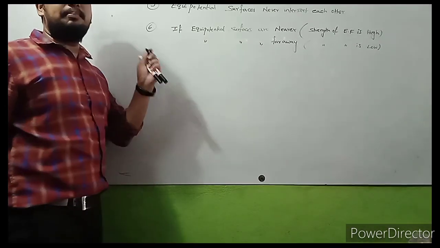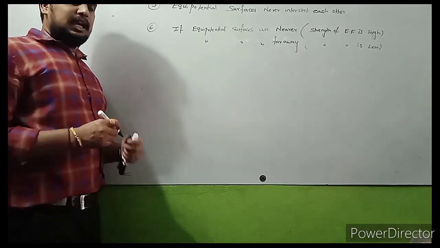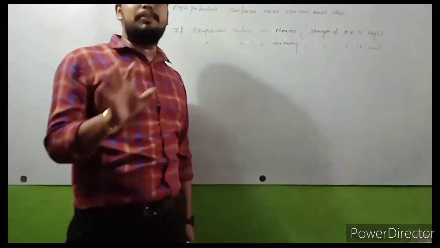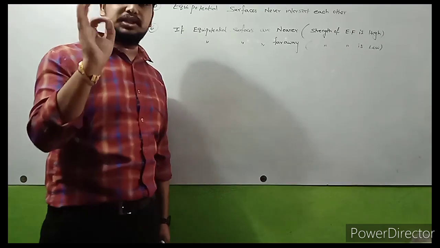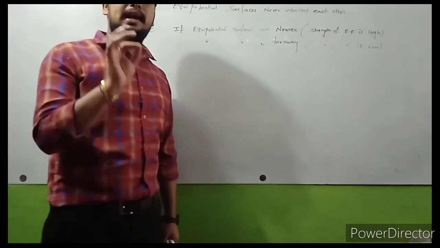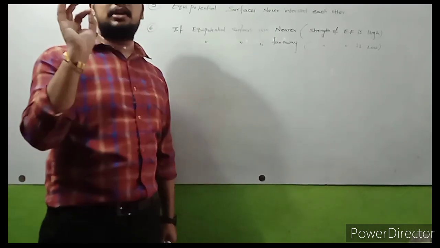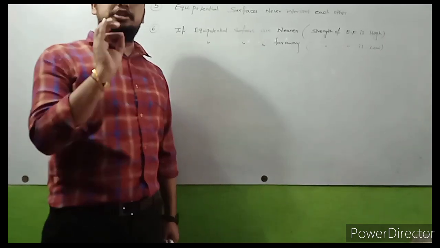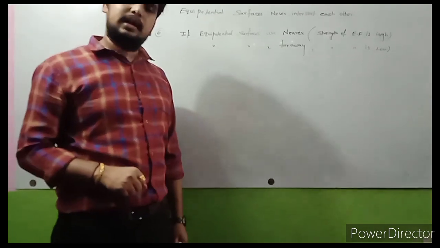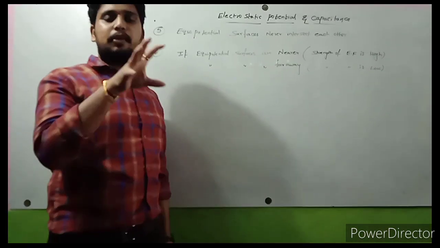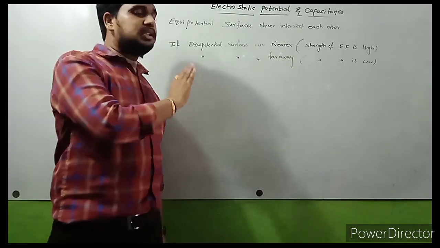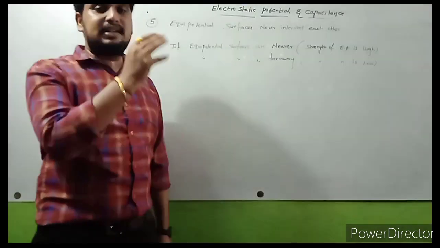So these are the main important points. Equipotential surface means the potential is same at all points of surface. Electric field lines are always perpendicular to equipotential surface, and electric field is 0 for equipotential surface. Okay, and work done by equipotential surface is always equal to 0, and equipotential surfaces never intersect each other.